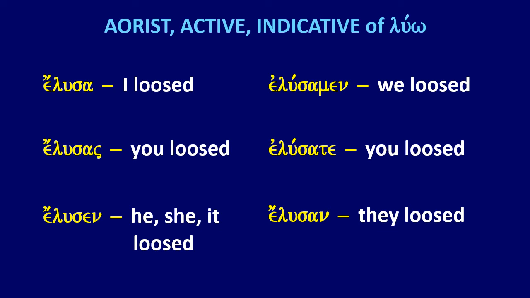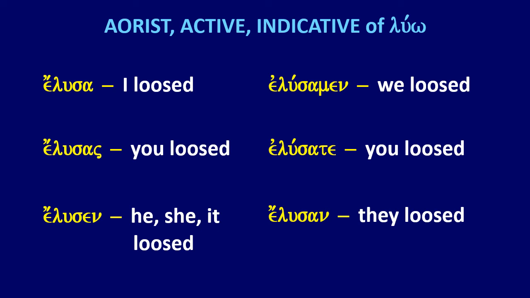And the same is true with the second person plural form, elusate, meaning you plural loosed. Very similar to the second person plural form for the present active indicative of luete. Going down to the third person plural form, they loosed, it's elusan.